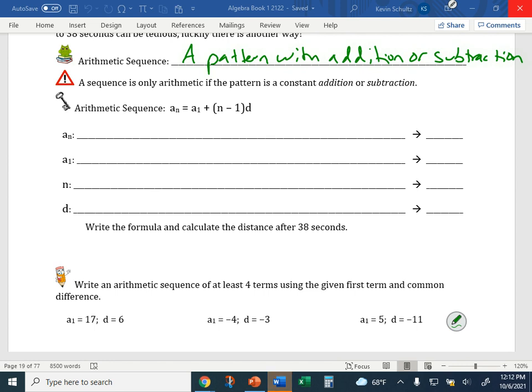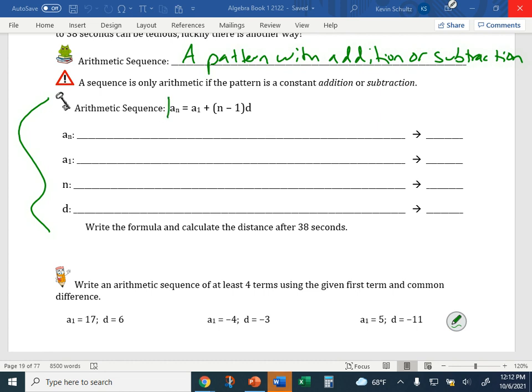Because what was our pattern here? What did you use to get the distance after 5 seconds? Adding 32, right? So that consistent pattern makes this an arithmetic sequence, and this whole section here can go on a help sheet. I highly recommend you put it on there.